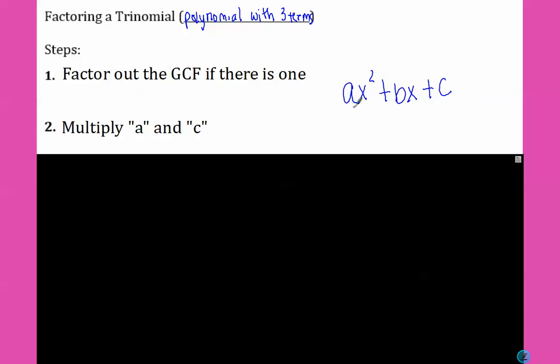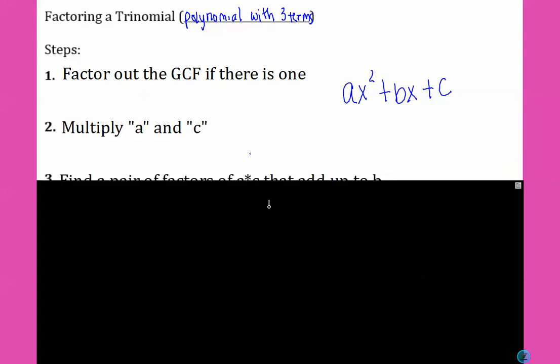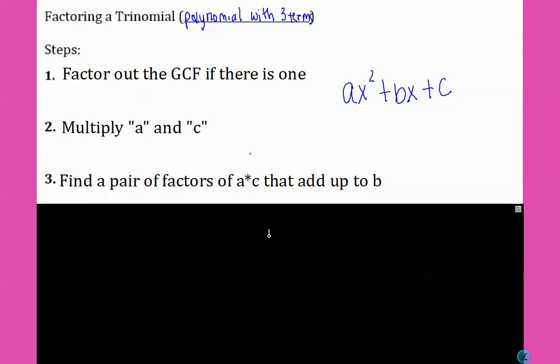So we're going to multiply the number in front of the x squared and the number at the end that's a constant that doesn't have a variable with it. Next, we're going to find a pair of factors of that answer from step 2 that add up to give us the number that's in front of the x term.